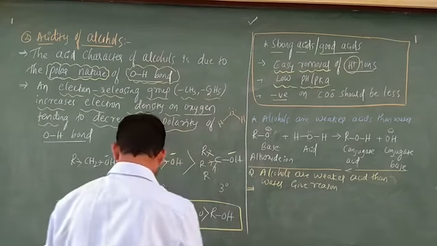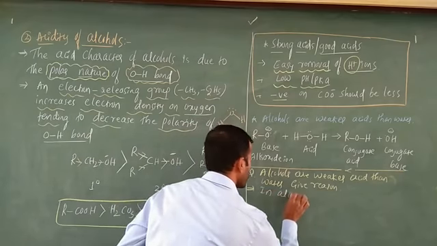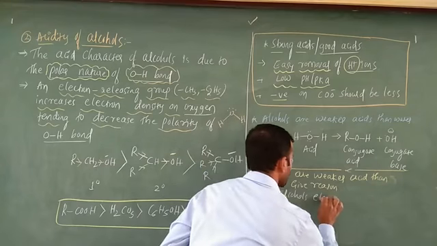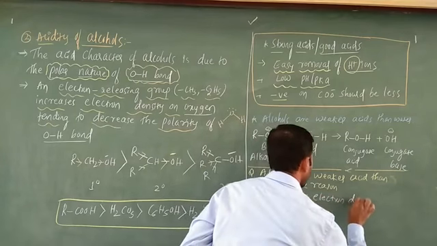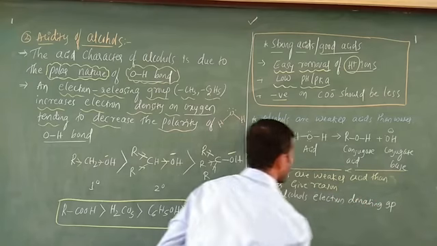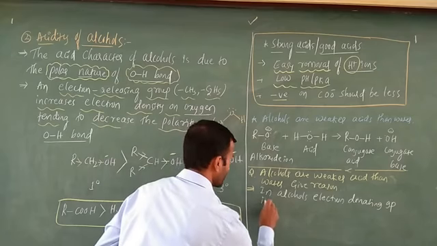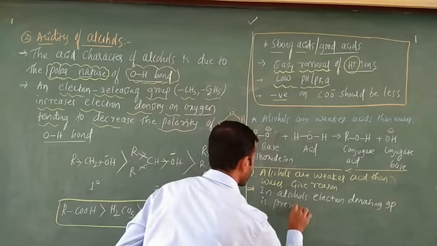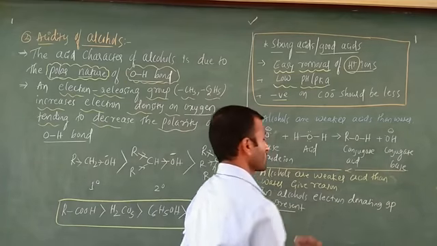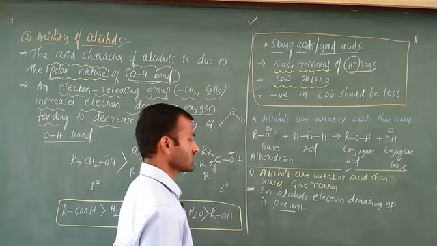In alcohols, an electron donating or releasing group is present. Which effect takes place in this case? Obviously the plus I effect.